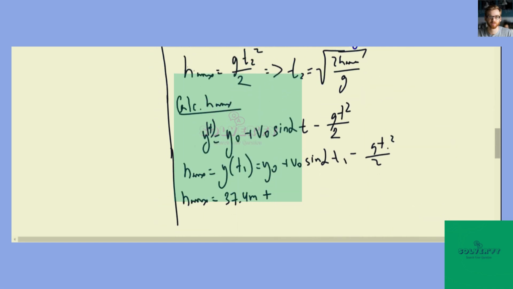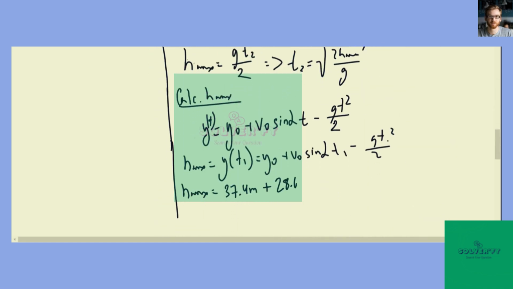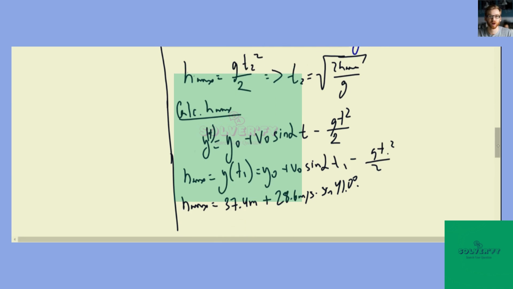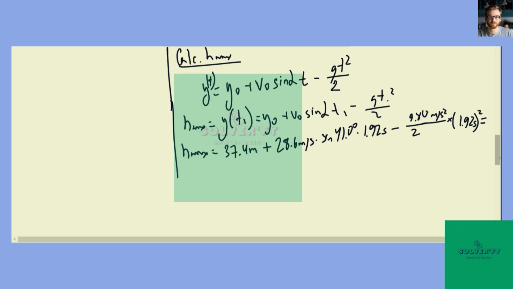plus v0, which is 28.6 meters per second, times sine of 41 degrees times 1.92 seconds, minus 9.80 over 2 times 1.92 seconds squared. Let's calculate this number.